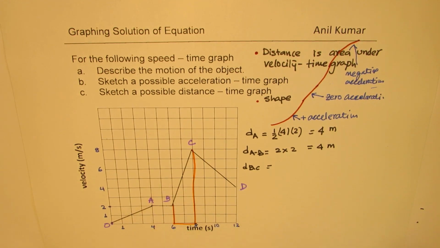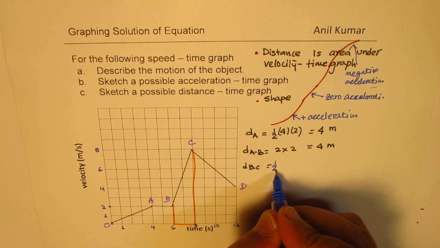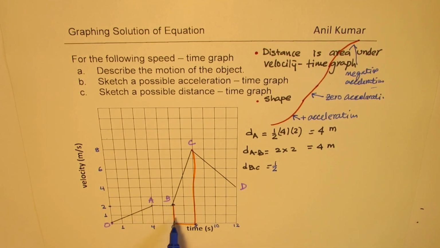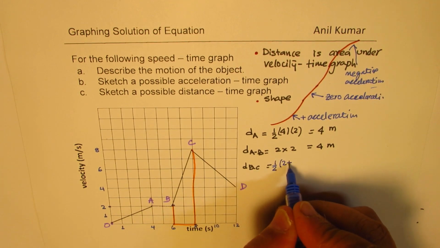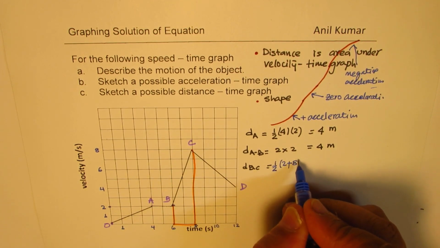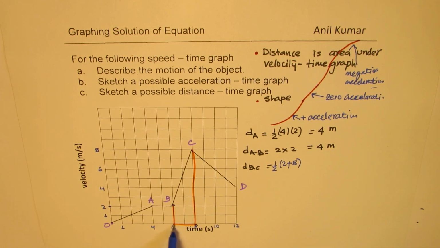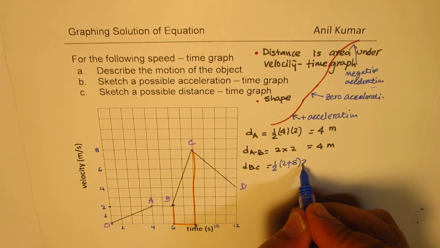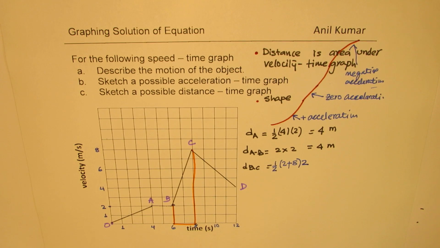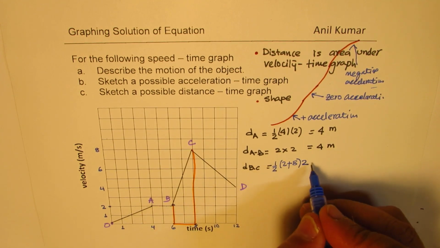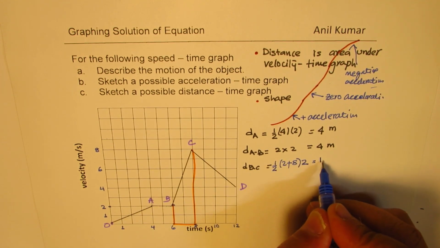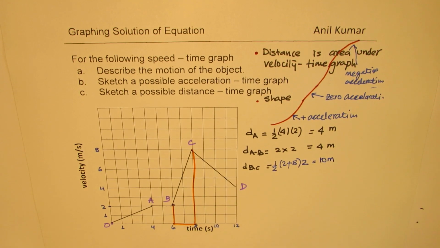So this trapezoid area is half of the length of these two parallel sides, which is 2 plus 8, times the distance between them, which is 2 units, right? So that is the formula for trapezoid area. So that gives you 2 and 2 cancels, we get 10 meters.